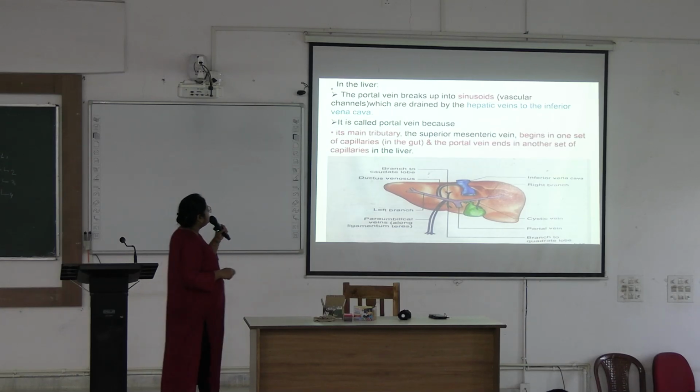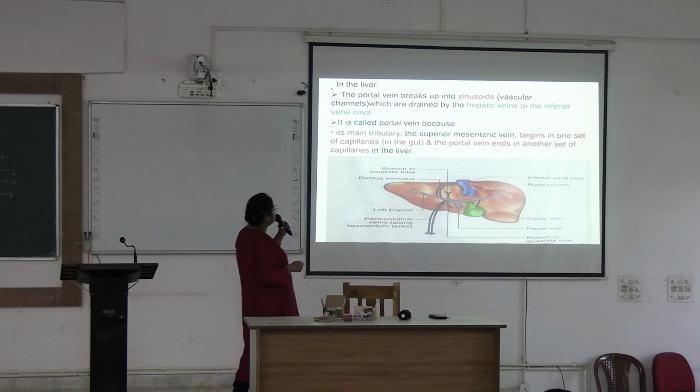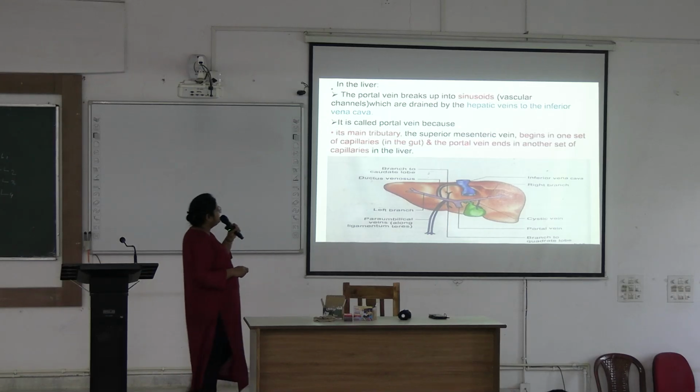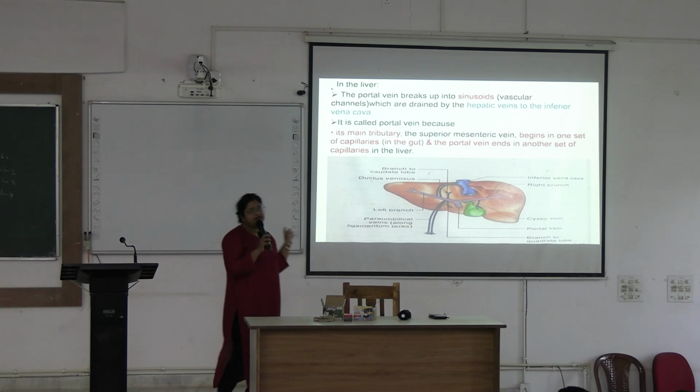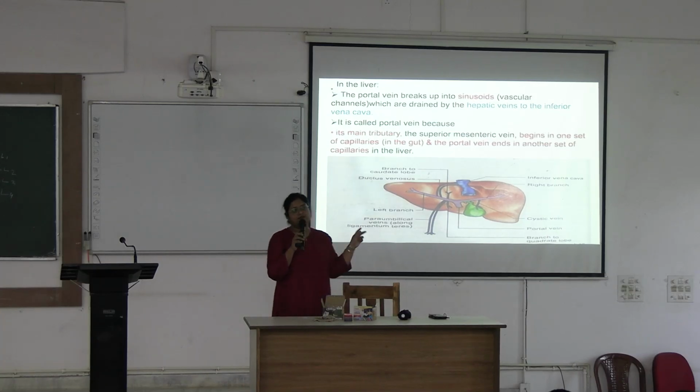And it is called portal vein because its main tributary, the superior mesenteric vein, begins in one set of capillaries in the gut and portal vein ends in another set of capillaries in the liver. Okay, so this is the definition of portal. The word portal means it starts from a capillary and ends in a capillary.